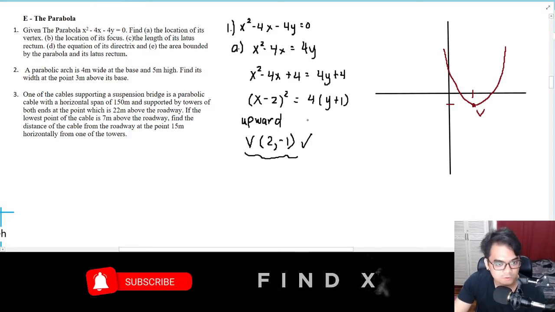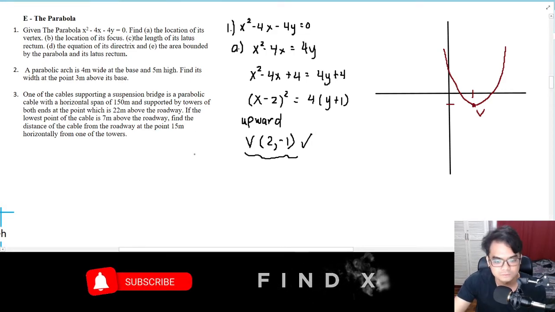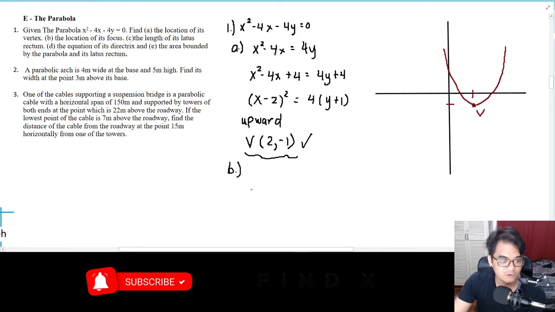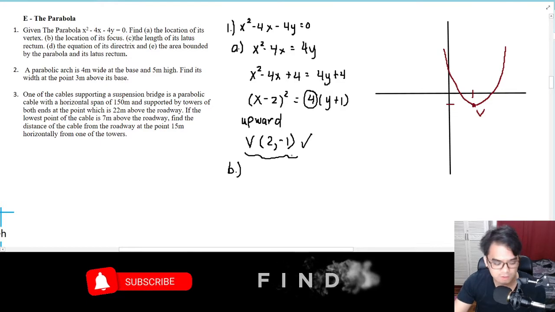Okay? And then we are asked to find, the first one is the location of its vertex. So that is done. So letter B. Letter B is location of its focus. So to find the location of focus, this 4 is your 4A, right?